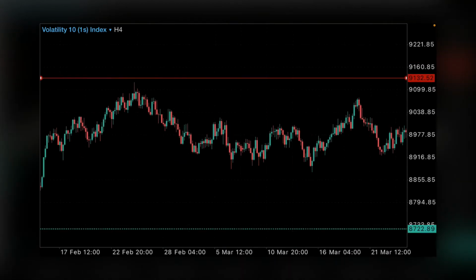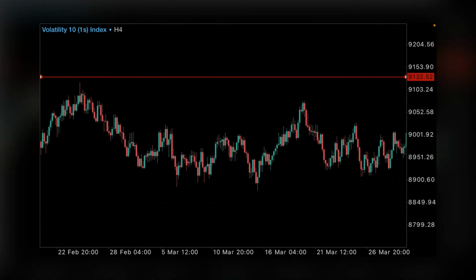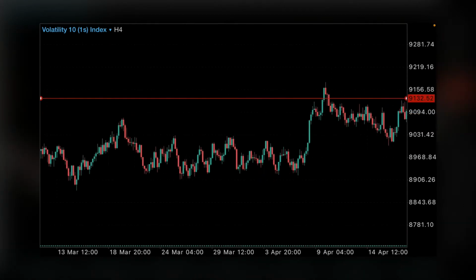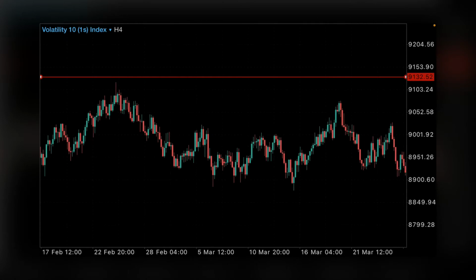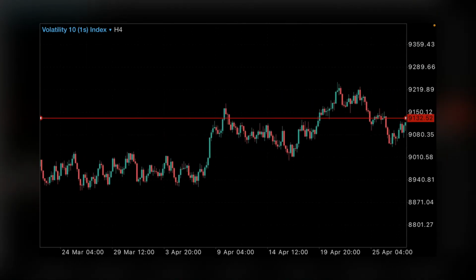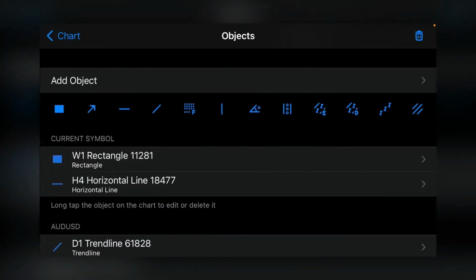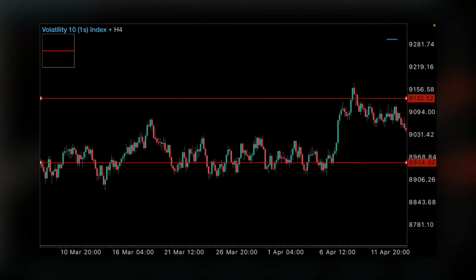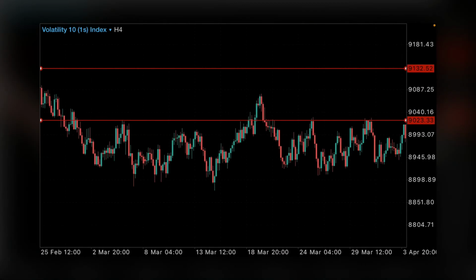Now, before we see these examples, most times the shopping market looks like that of a range-bound market. But the difference is, in a range-bound market, you actually see price moving horizontally.